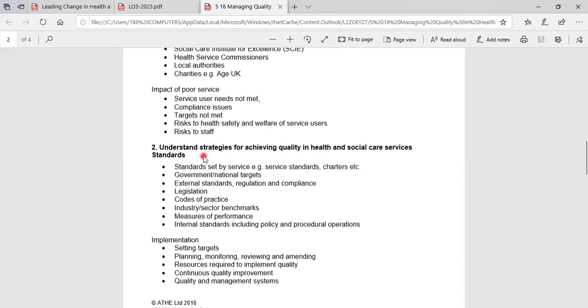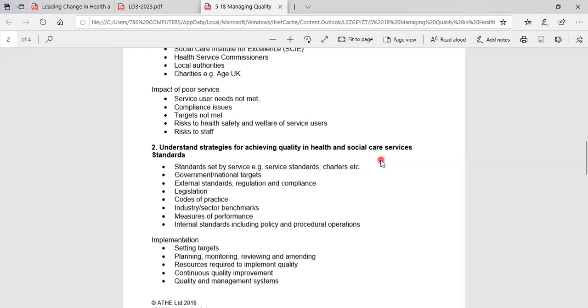The second bit is understanding strategies for achieving quality in health and social care service standards. You have standards set by the services. You have different charters, for instance, and government and national targets. For instance, the World Health Organization gives a target and you have to achieve it.